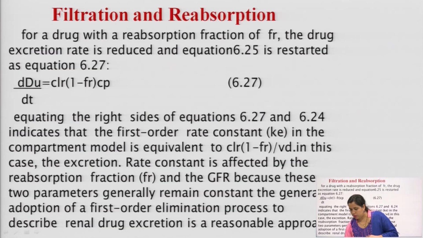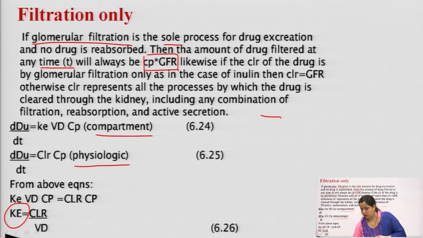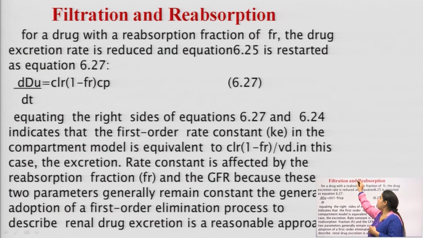Physiologically, if no reabsorption takes place and glomerular filtration is the sole process, dU/dt = CLR Cp. But if we consider reabsorption as well, the earlier equation becomes dU/dt = CLR Cp (1 - Fr).